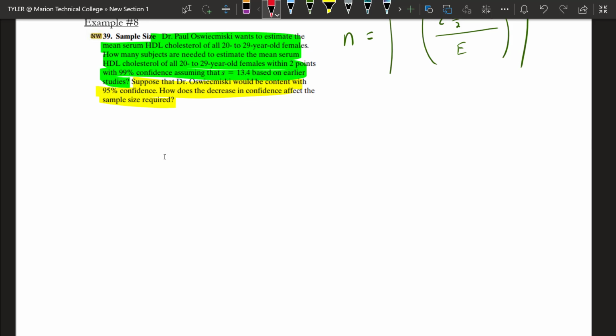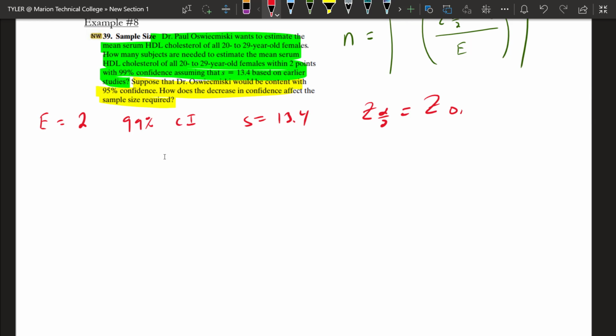Right, so reading the first part, we're told that we want to be within 2 points, so that would be the margin of error, right? We want the E to be 2. We want a 99% confidence interval. We're told that S equals 13.4. So my Z alpha divided by 2, my critical Z score, that's going to be Z of 0.005, right?